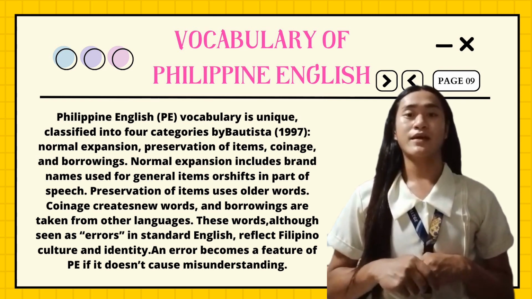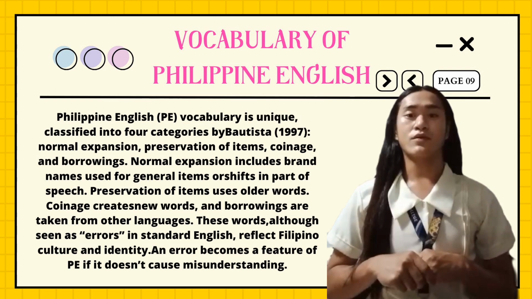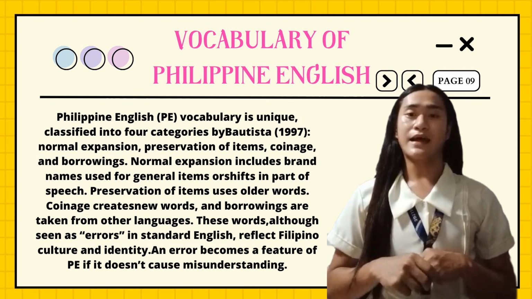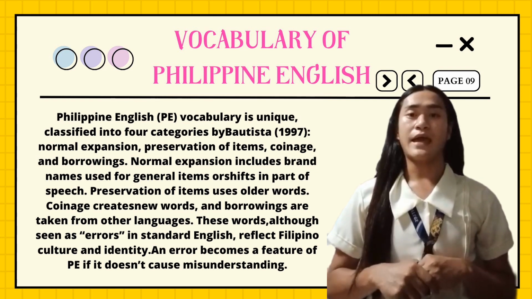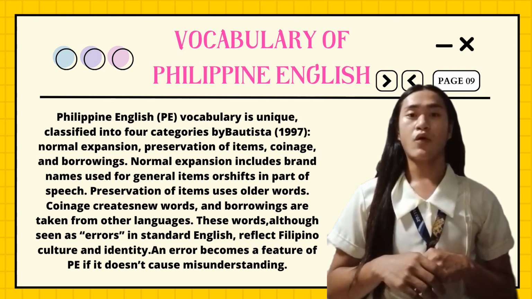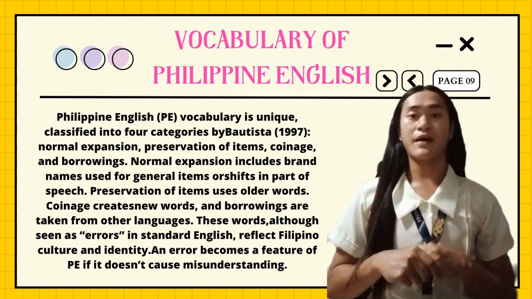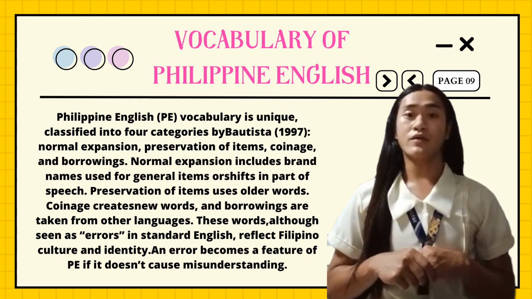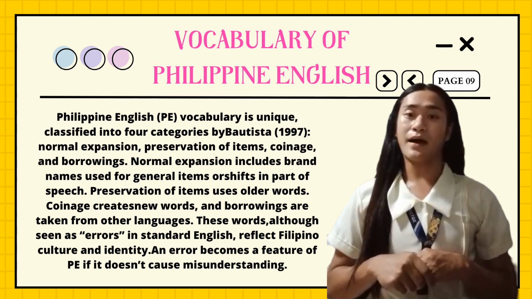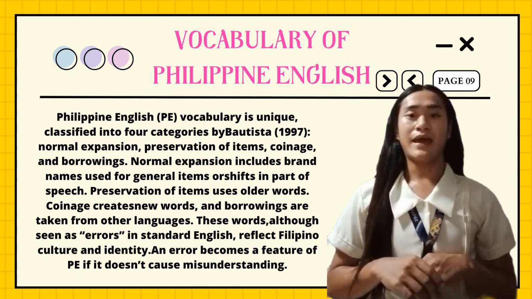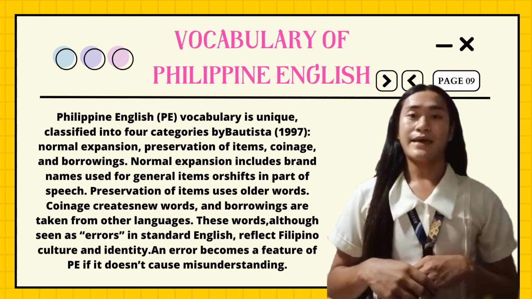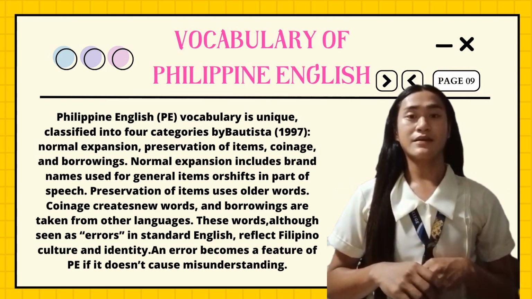So, the first one, Tagalog or Filipino. The common words are mahal for love, salamat for thank you, bahay for house, and pamilya for family. And the next example is Cebuano. Common words are gwapa meaning beautiful, kaon meaning eat, and bata meaning child.